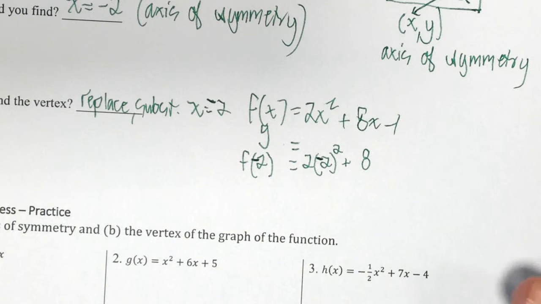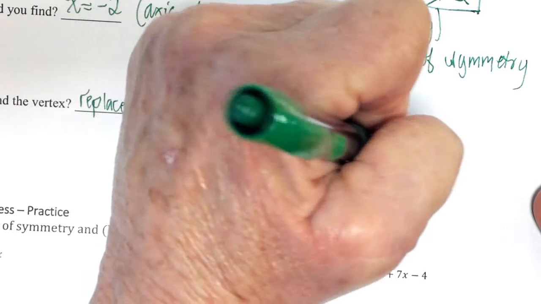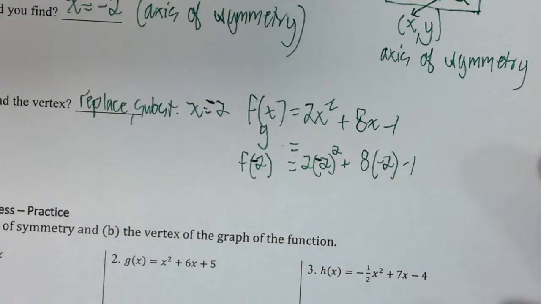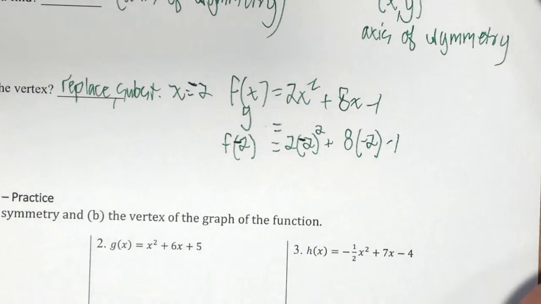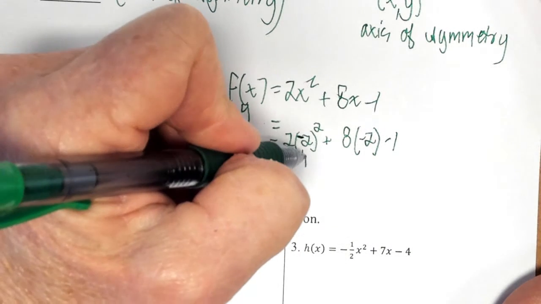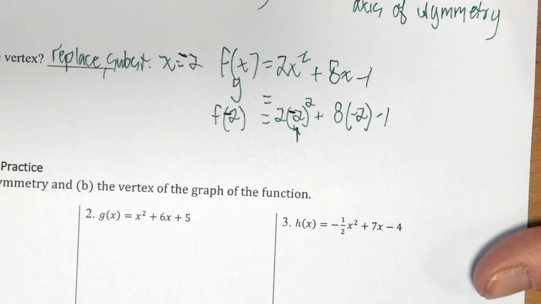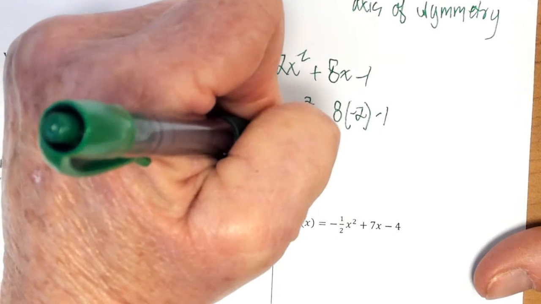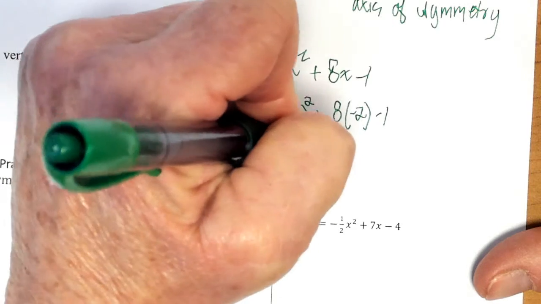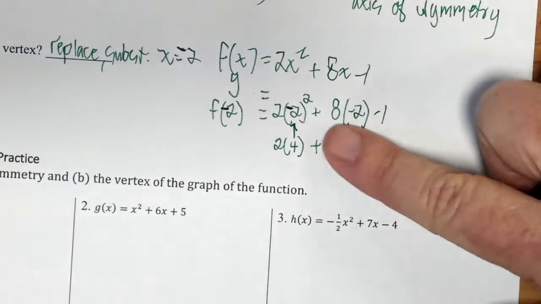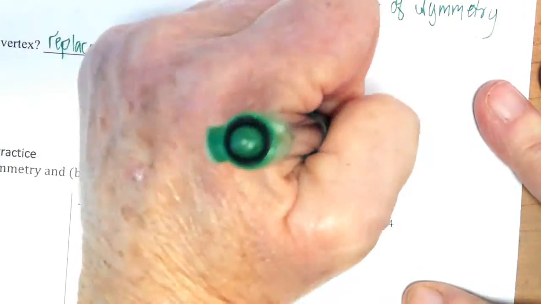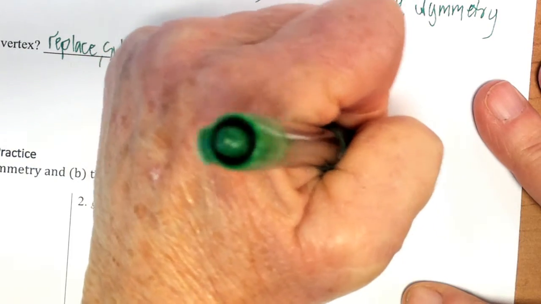So 2 times negative 2 squared plus 8 times negative 2 minus 1. I'm going to go ahead and simplify. Order of operations tells me I've got to do negative 2 squared first. So negative 2 times negative 2 is positive 4. And 2 times 4 plus, and I've got 8 times negative 2, which is negative 16, minus 1.